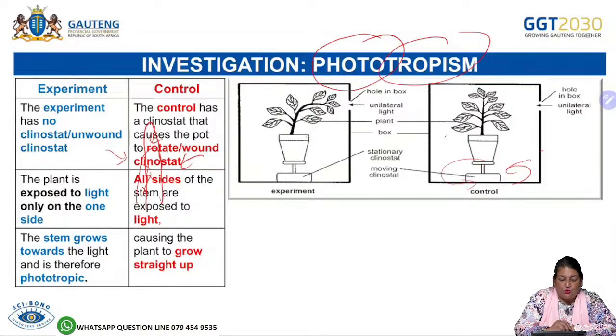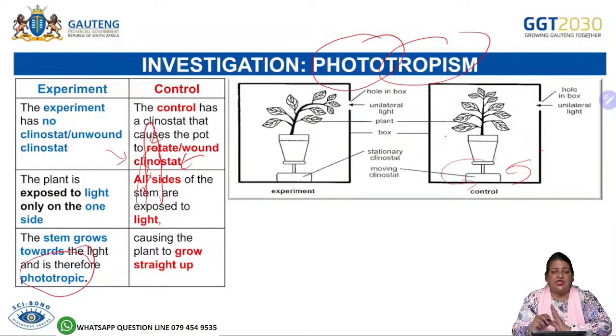In your experiment, what will be the result? The stem bends and grows towards the light source. That is showing you positive phototropism. And in the control, because light is coming from all sides, auxins move to the center and cause cell division and cell elongation upwards. Evenly, the stem is going to grow straight up.